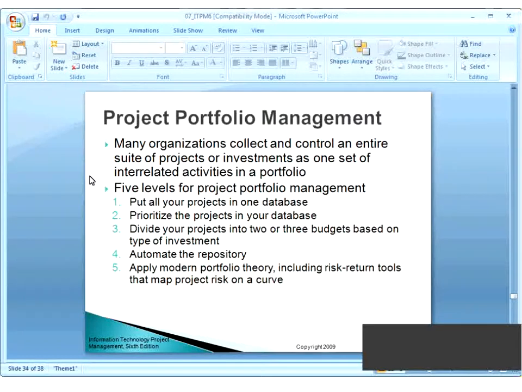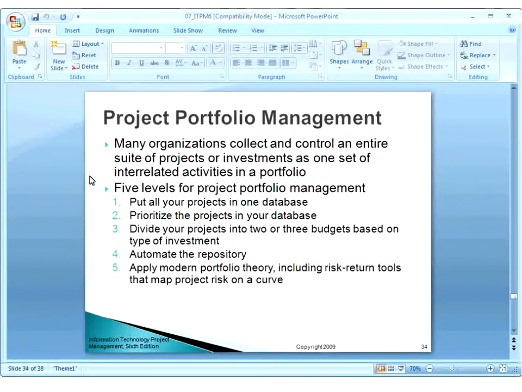Now, another technique which is used by some organizations to reduce the cost of projects is keeping them in the form of a portfolio. Many organizations collect and control an entire suite of projects or investments as one set of interrelated activities in a portfolio. Like you say that instead of starting one project, you take multiple projects and you start them.